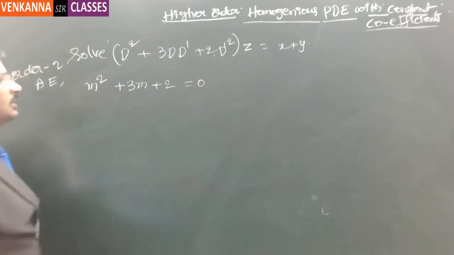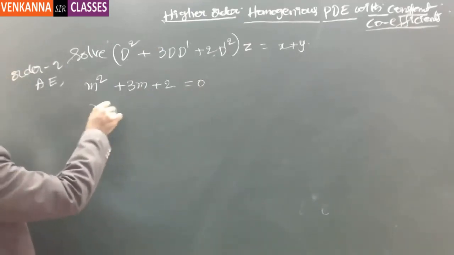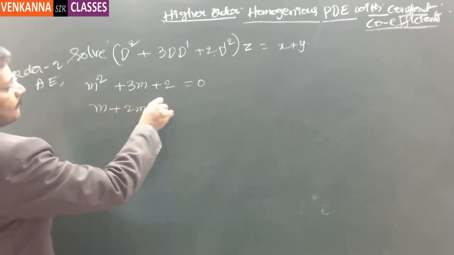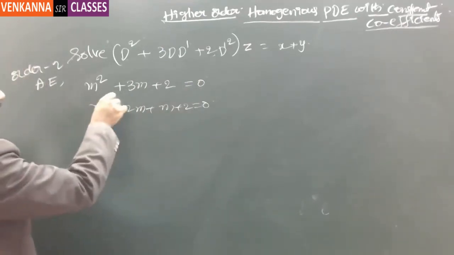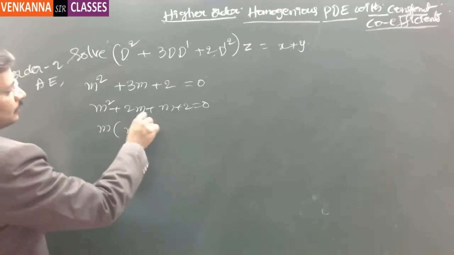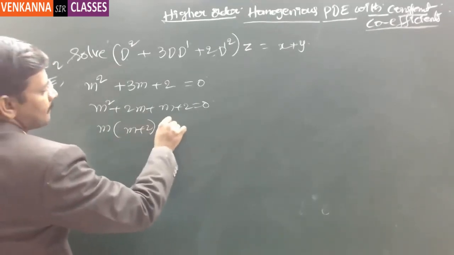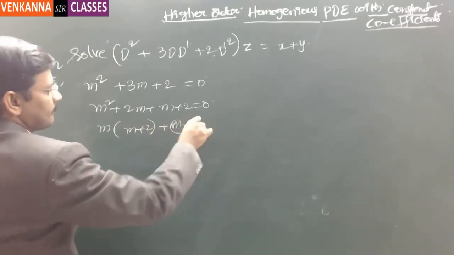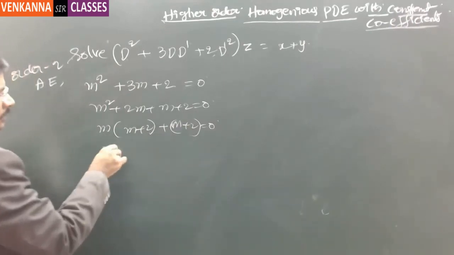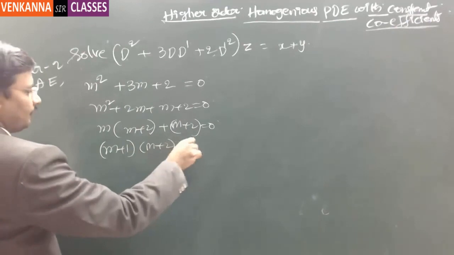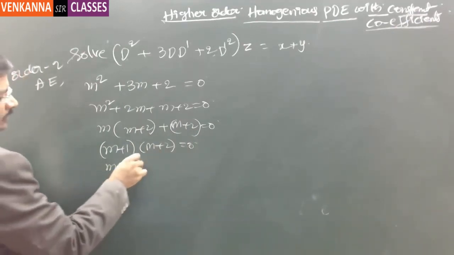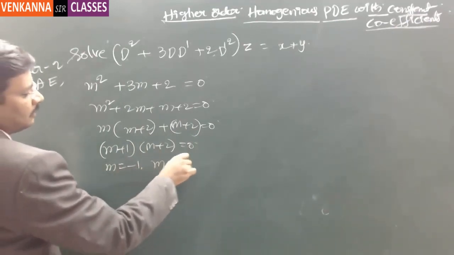This can be written as m square plus 2m plus m plus 2 equal to 0, and taking m out, m into (m plus 2) plus (m plus 2) equal to 0, or (m plus 1) into (m plus 2) equal to 0. It implies m equal to minus 1 and m equal to minus 2.